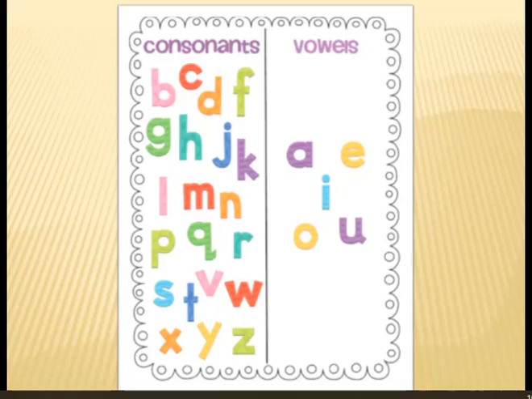The other letters B, C, D, F, G, H, J, K, L, M, N, P, Q, R, S, T, V, W, X, Y and Z are consonants.